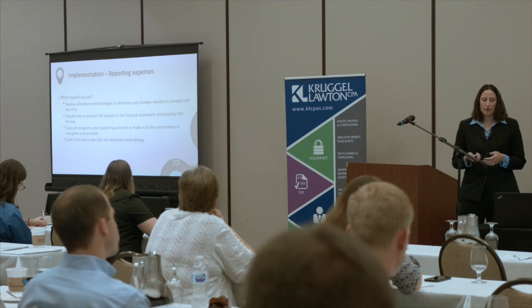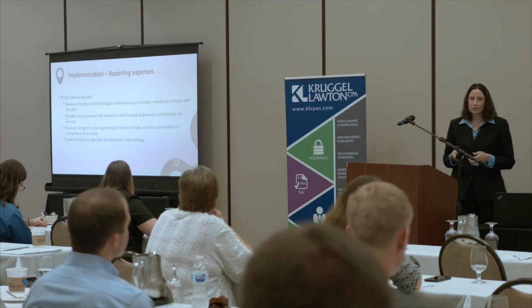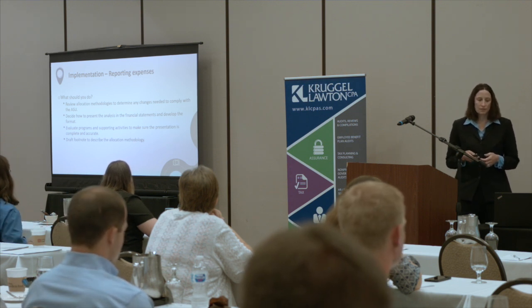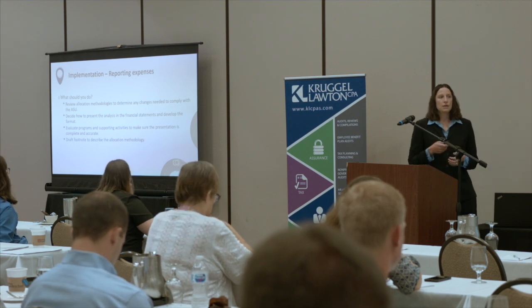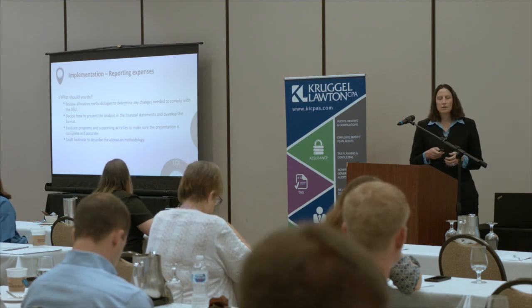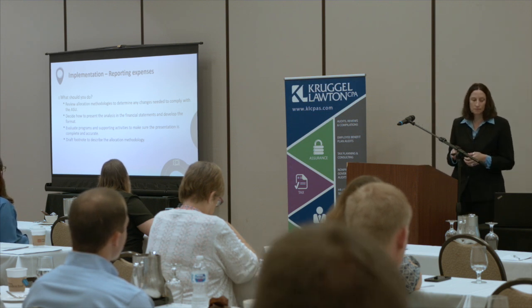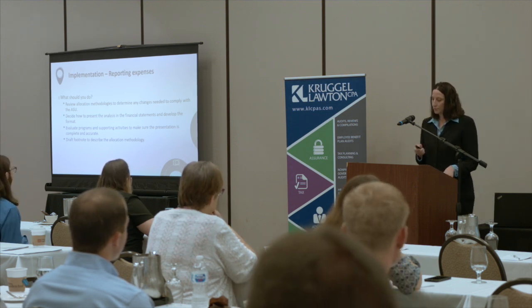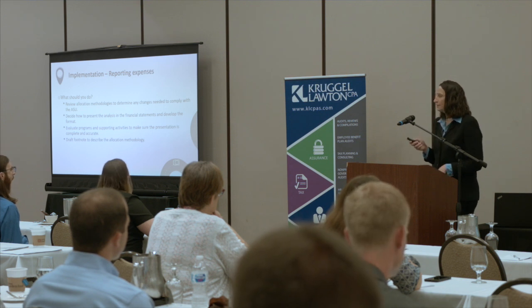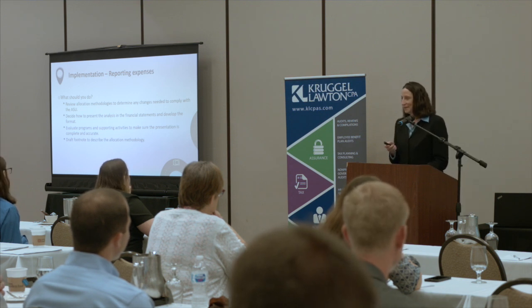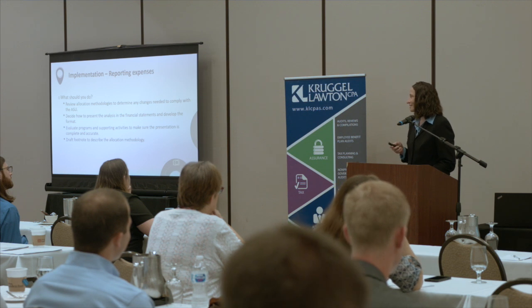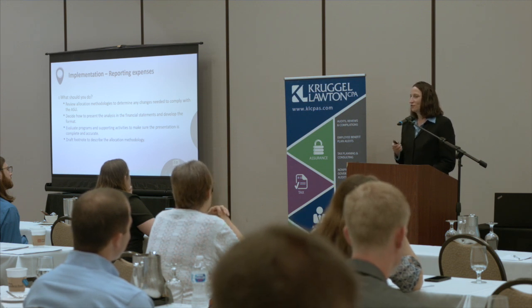And then evaluate your programs and supporting activities to make sure that your presentation is accurate and complete. And then also draft your footnote that contains your methodology for how you went about allocating those expenses. I would encourage you not to wait for your auditor to draft that footnote for you. We'd be happy to help, but it's always good when you've already taken that initial look at things.